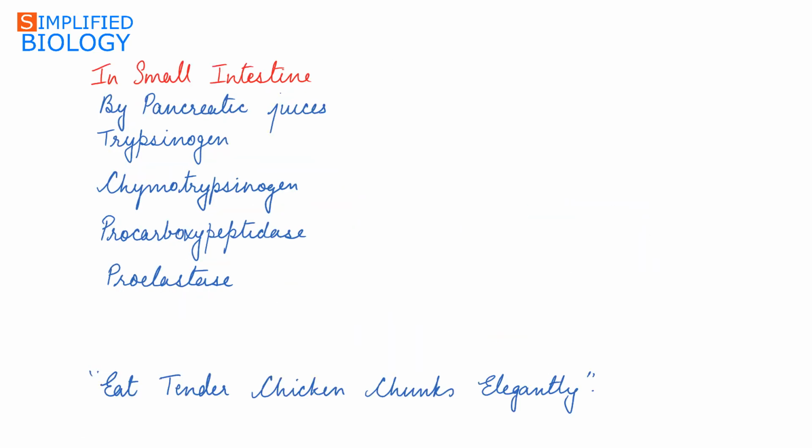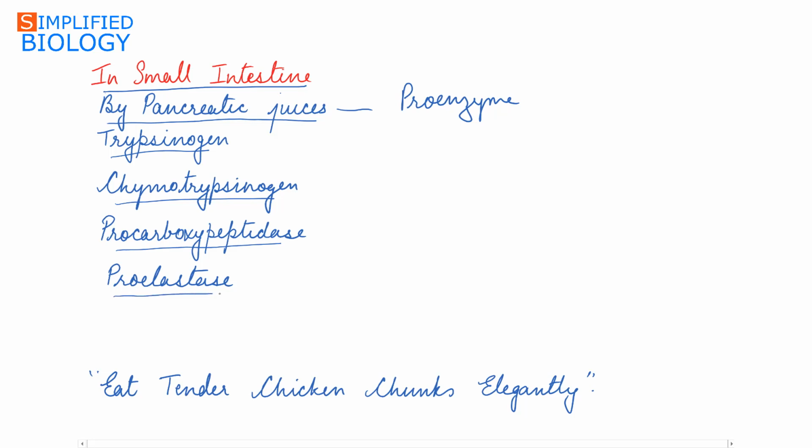The further digestion of proteins continues in the small intestine by the help of pancreatic juices, which are produced in the form of proenzymes. They are trypsinogen, chymotrypsinogen, procarboxypeptidase, and proelastase.